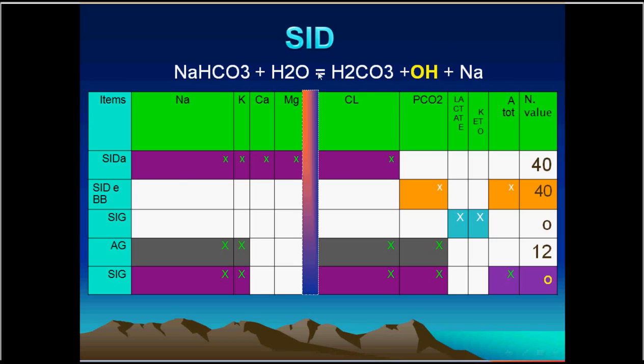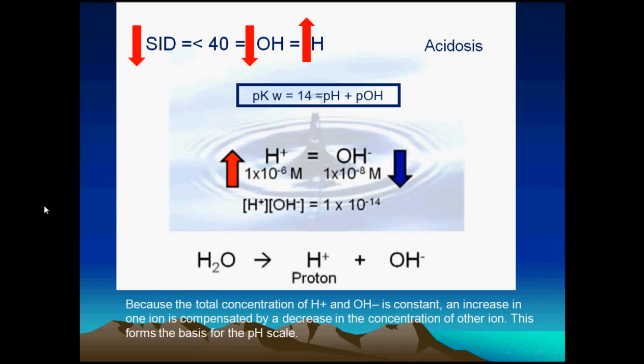So when we talk about the strong ion difference, sodium minus chloride equals 40 hydroxyl group. This is a very important point. So when we come to water, if the strong ion difference is less than 40, this means that the hydroxyl group is less than 40. So there is a decrease in the hydroxyl group and a concomitant increase in the hydrogen ion.